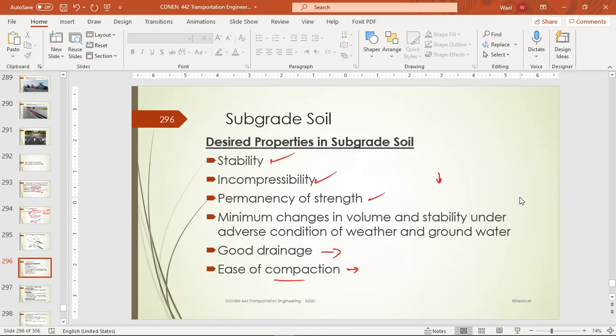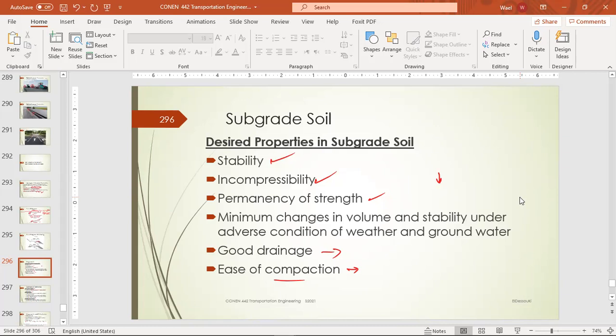The subgrade soil, the desired properties in subgrade: stability is one of the properties that are desired in soil. Incompressibility, for example, sand is incompressible. However, clay and silt are a little bit compressible. Okay.